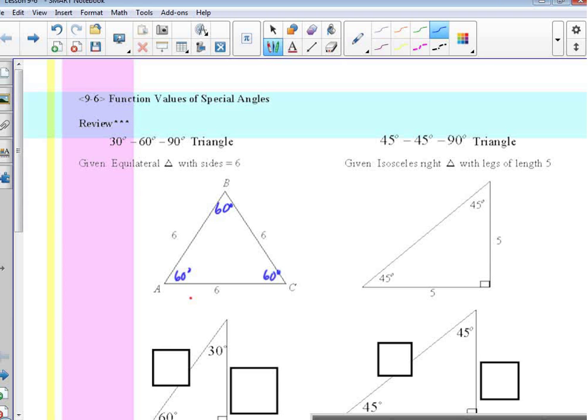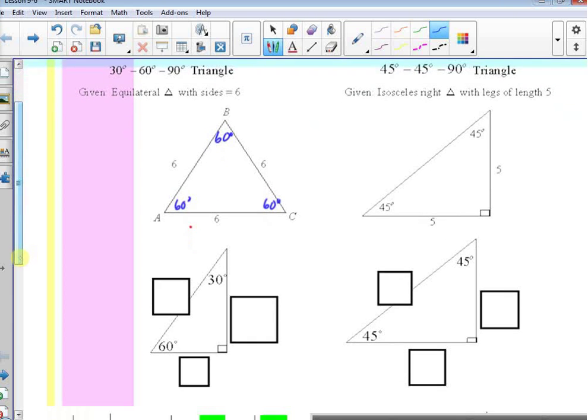So you should remember then that your angles are always 60, 60, and 60. And then if we are looking to form a 30, 60, 90 triangle, we can draw down an altitude from B to side AC. And we can call that D. And what that gives us is triangle ABD. This would be 3.